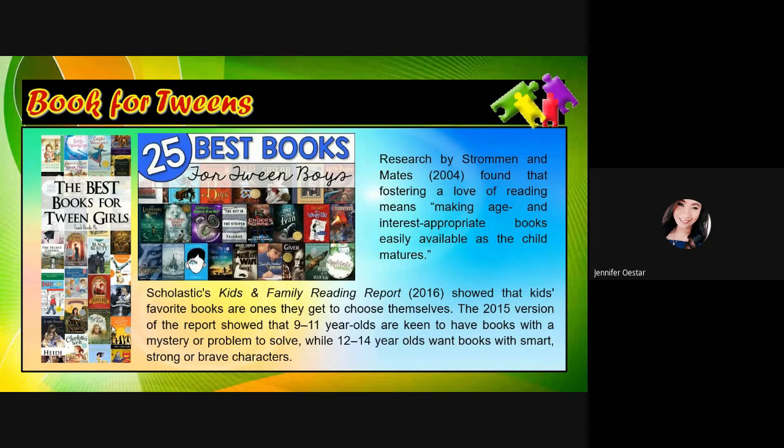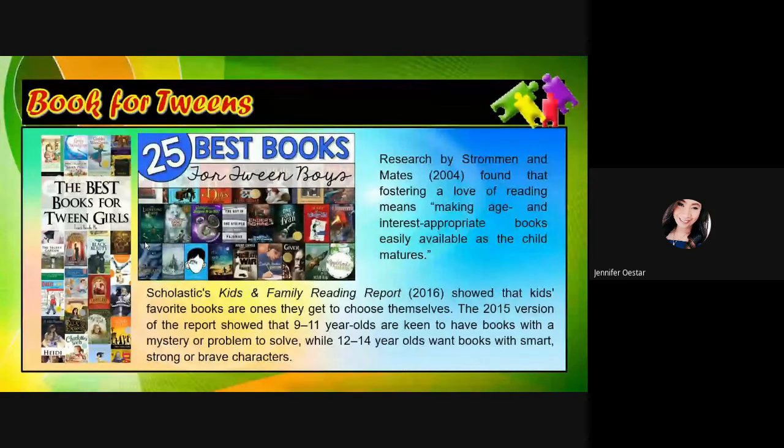Next. So here are the examples of books for tweens. Research by Stroman and mates found that fostering a love of reading means making age and interest appropriate books. So ito yun, class. What's the purpose why we are studying children and adolescent literature? For you, if you're a teacher already, to find age and interest appropriate.